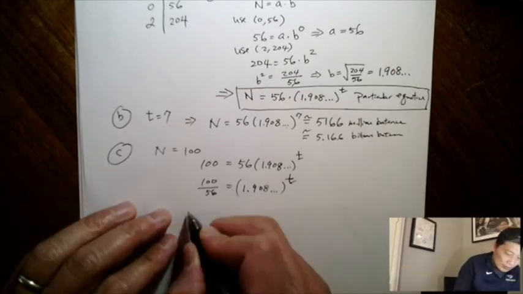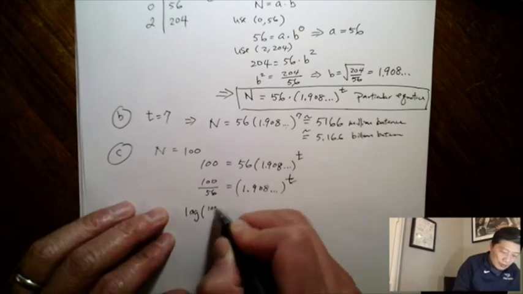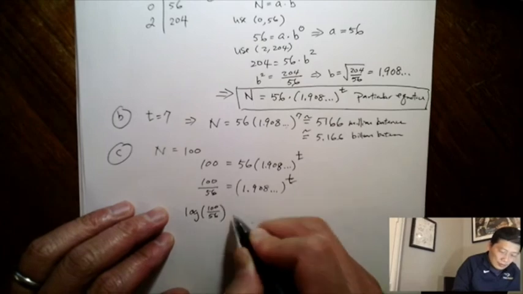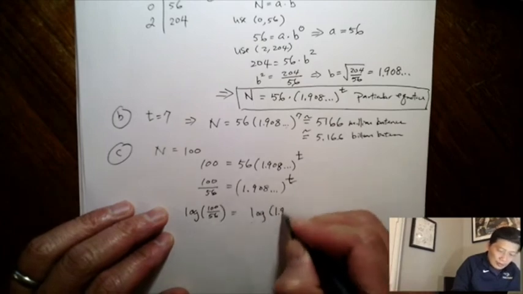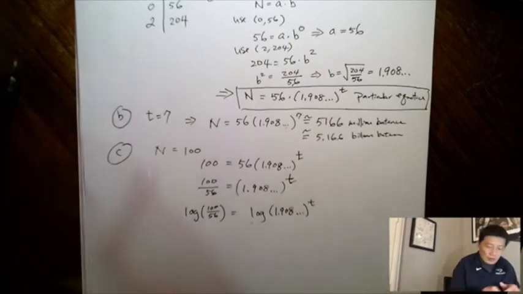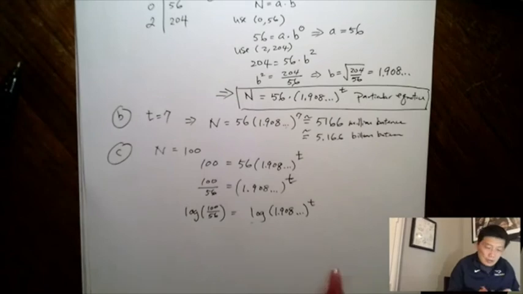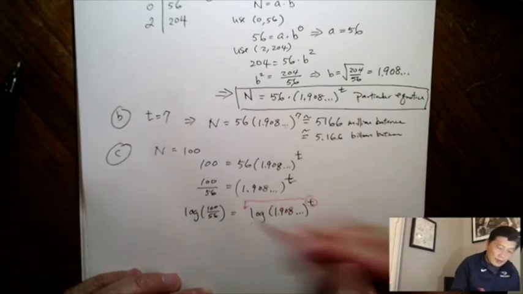So why don't I do log base 10 of 100 over 56. I can take the log on both sides of the equation, 1.908... to the t power. Now notice, if you have a t right here and there's a log right here, you can bring the t to the front.